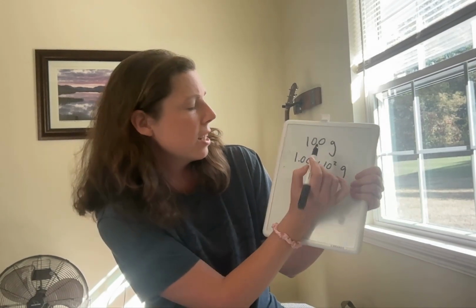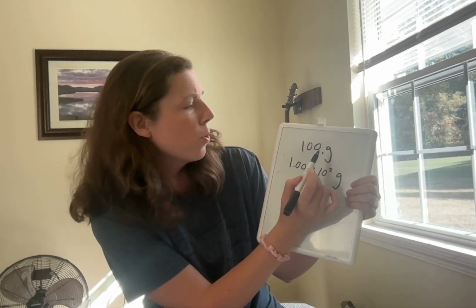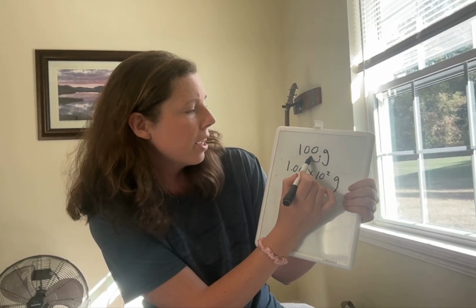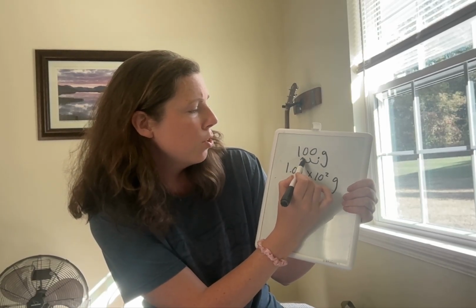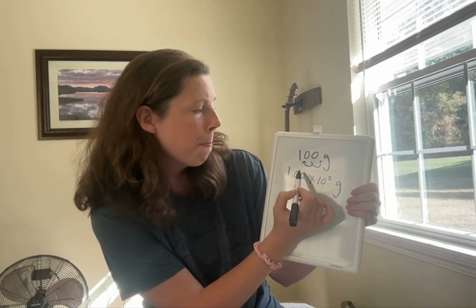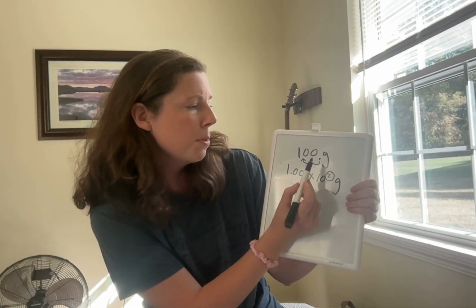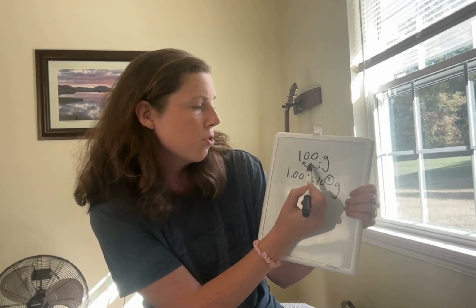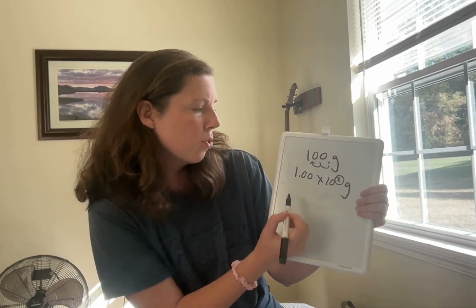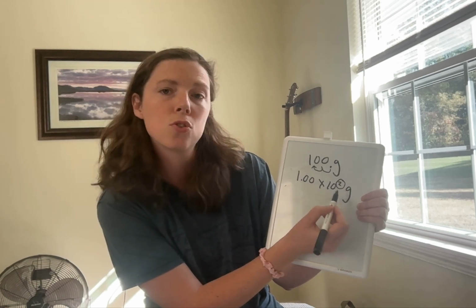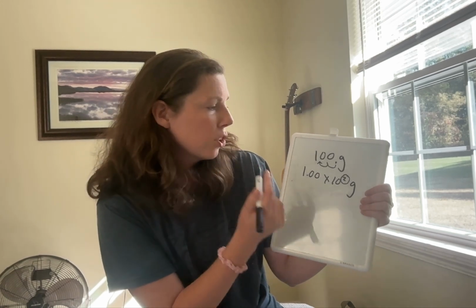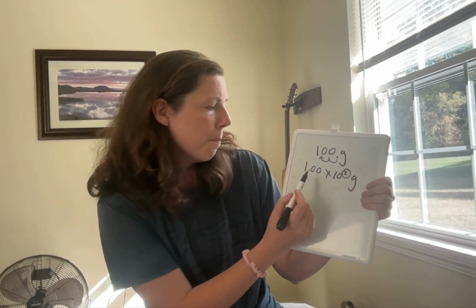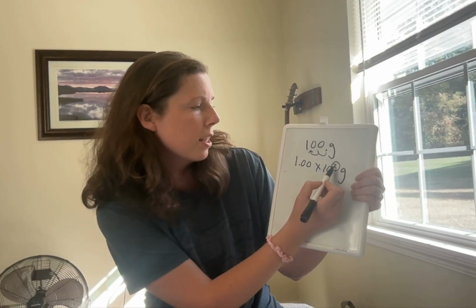And what I'm saying is, usually the decimal point's here. I move this decimal point over 2 places to the left. So a positive 2 means from the normal number to get it to scientific notation, I moved it over 2 places to the left. And so now I have 1 times 10 to the 2 grams.